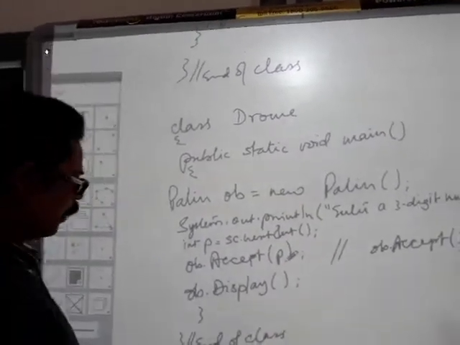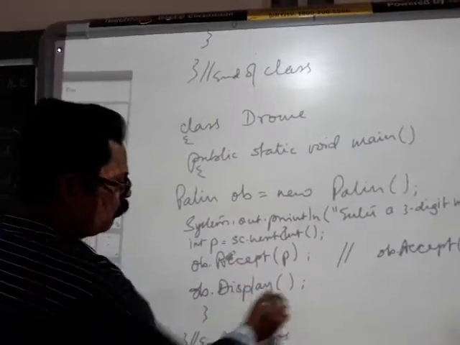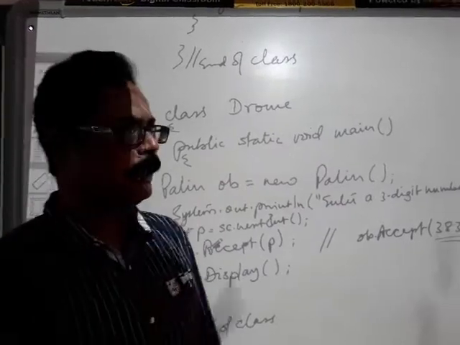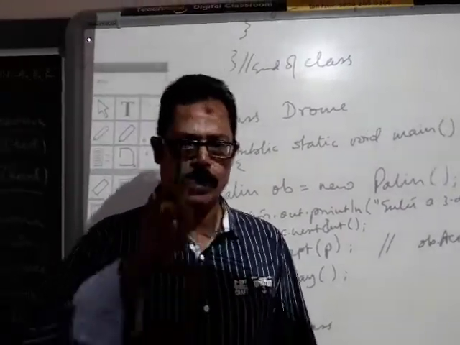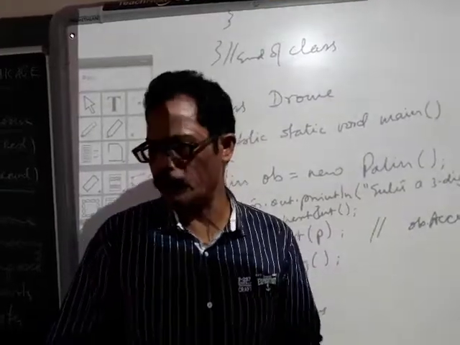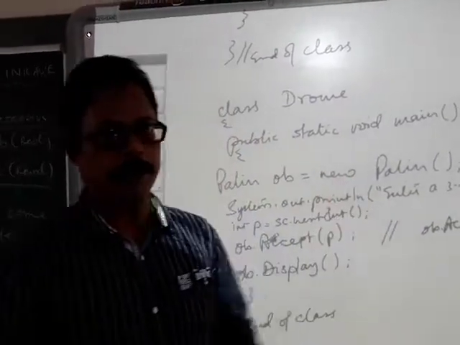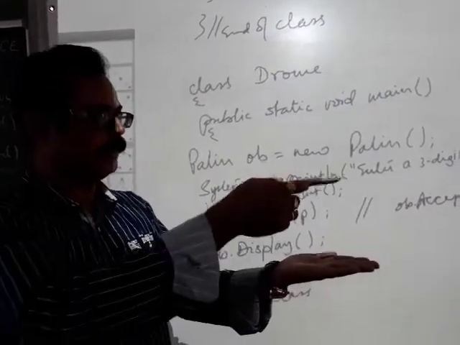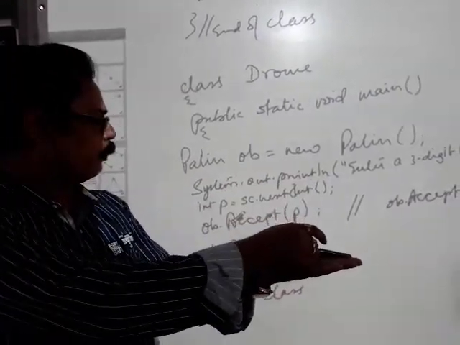This can be done. Now after accept, straight away we move on to display. As I have already told you, display contains a reverse function, so the reverse function is being called from display. As I gave you an example over there about the copy and the pen: suppose my hand is the display function, and the pen, the stylus, is the reverse function.